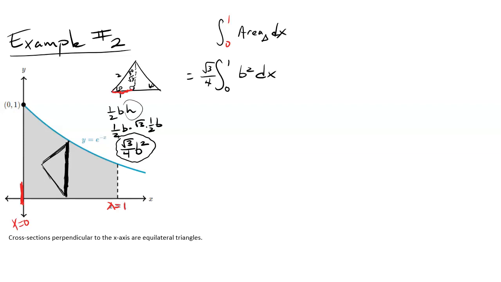Now I need to actually calculate how long the base is, because the base changes size constantly. My base is going to be the top number, which is e to the negative x, minus the bottom number, which is 0. So I'm going to have e to the negative x minus 0 in place of b.